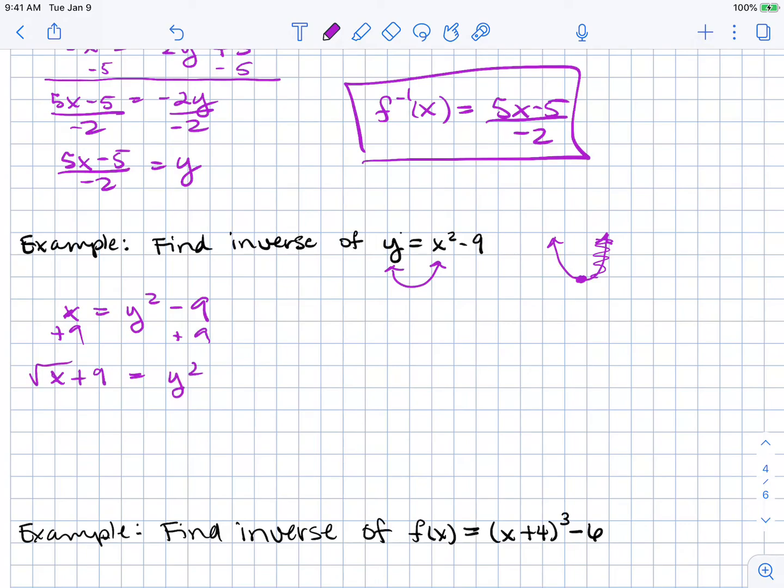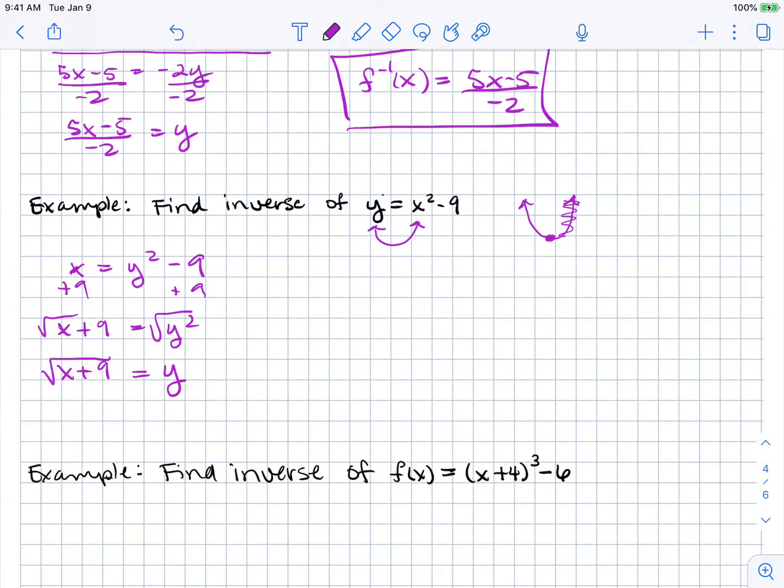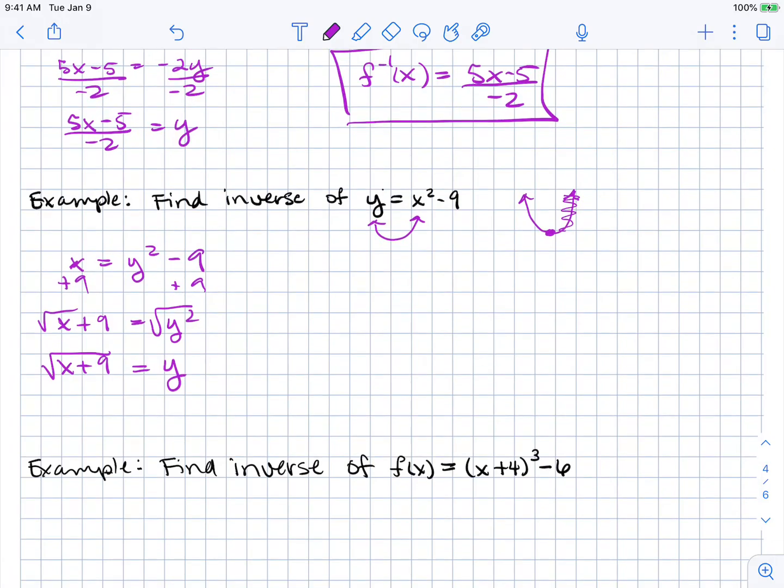And when I take the square root of both sides, I get the square root of x plus 9 equals y. Now, we would have the plus or minus, but if I restrict the domain, I'm only going to deal with one half of this, so my function is going to be the square root of x plus 9.